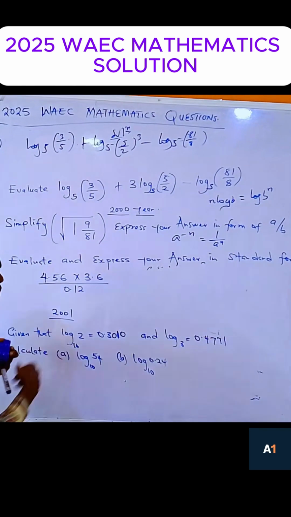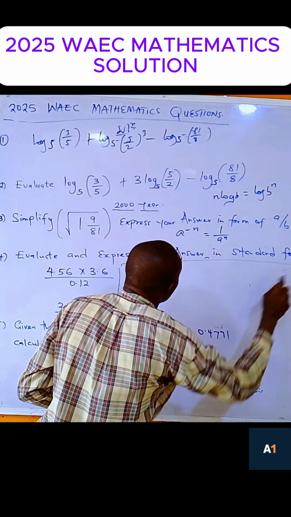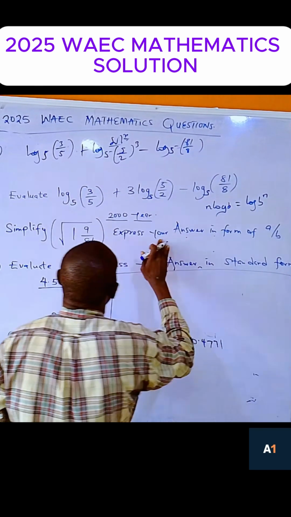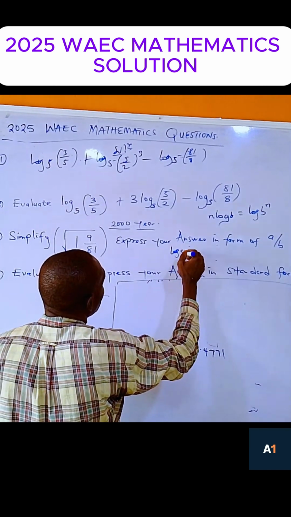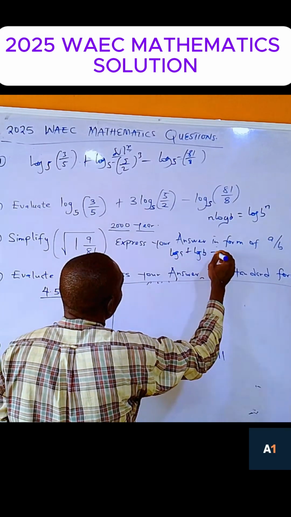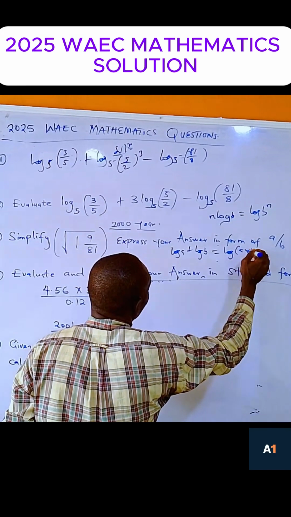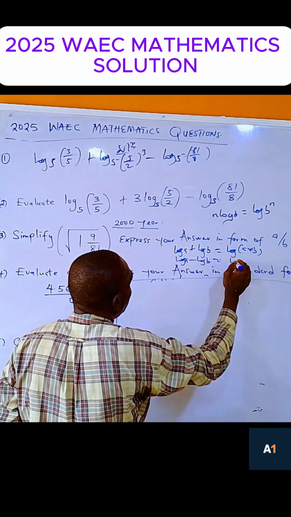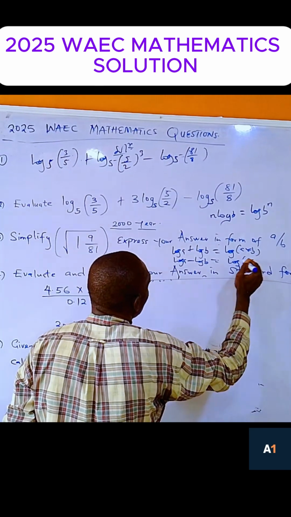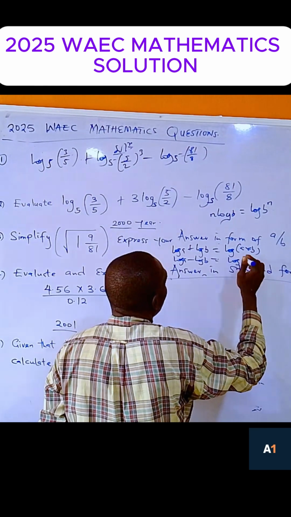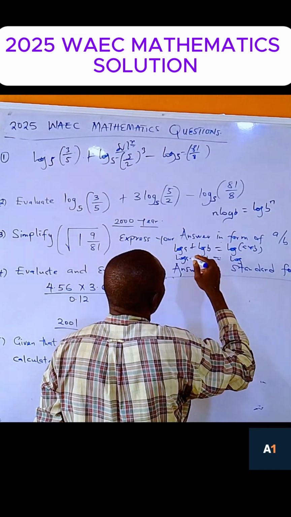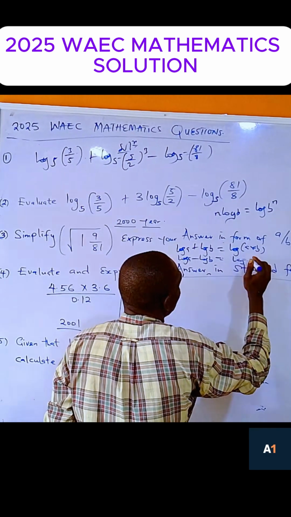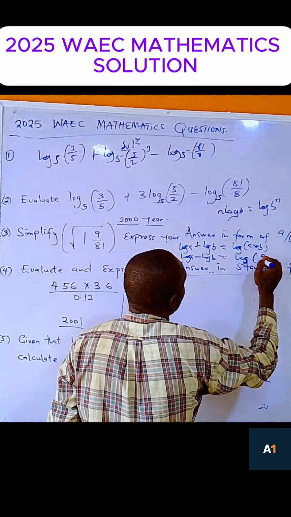So now let's continue our calculation from here. You also remember the law that states that log a plus log b will give us log a times b, and another law that says log a minus log b will give us log of a divided by b.